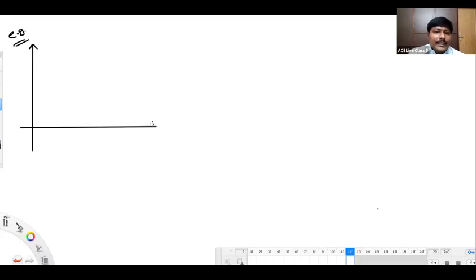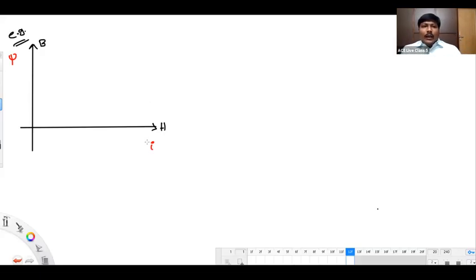It's a BH curve, as I said just now. On the Y-axis we have B, the magnetic flux density. H is the magnetic field intensity. But rather than taking B and H, you can take psi here, and I here. The BH curve and the psi versus I curve will both be the same.